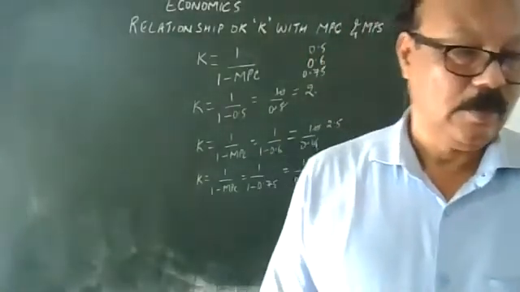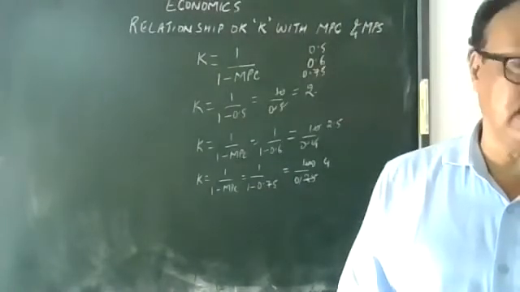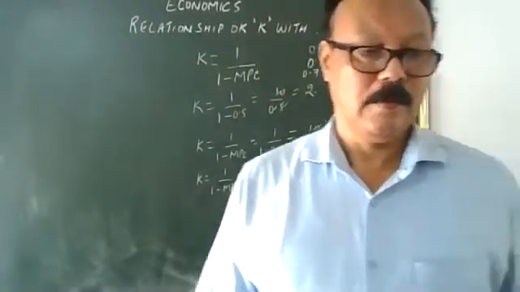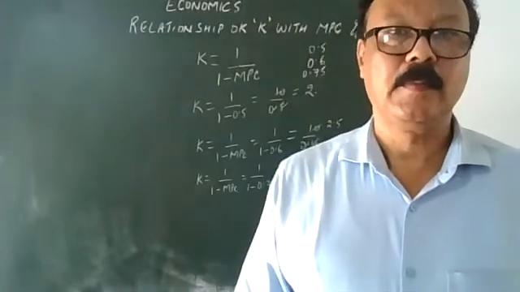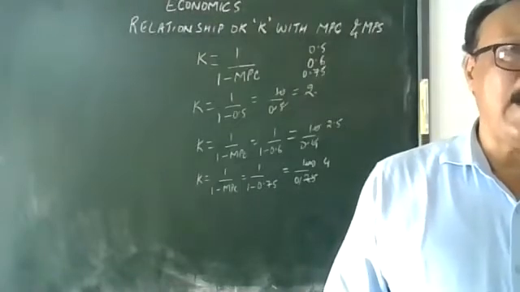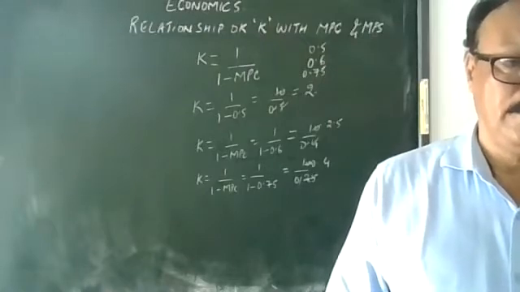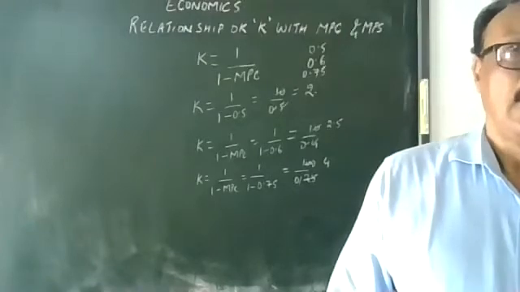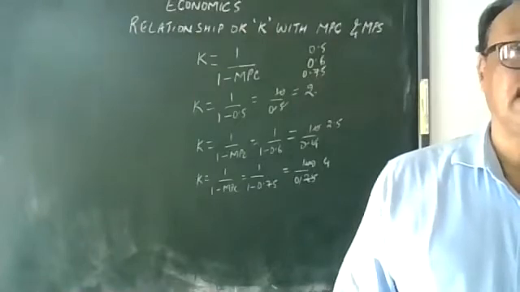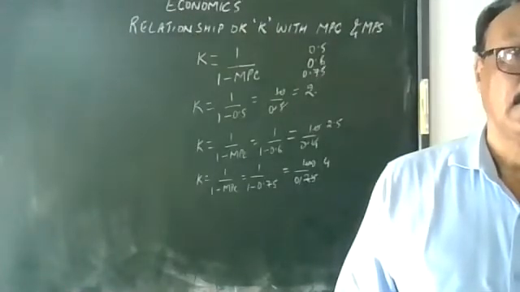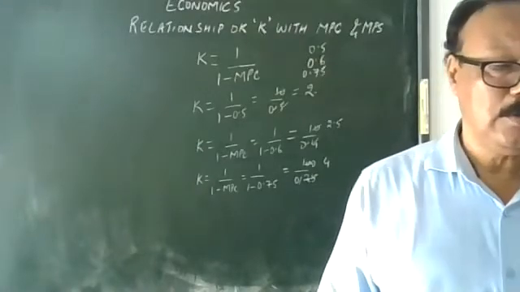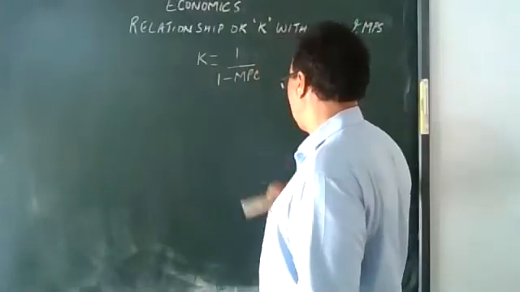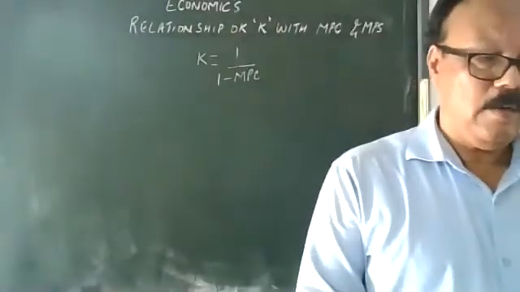Now, there is an inverse relationship between MPS and the value of the multiplier K. Higher the MPS, lower will be the value of the multiplier K, and vice versa.